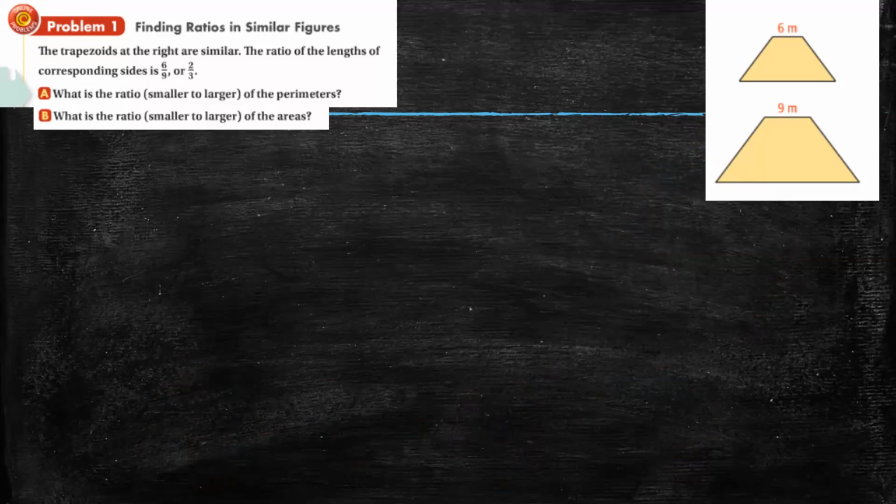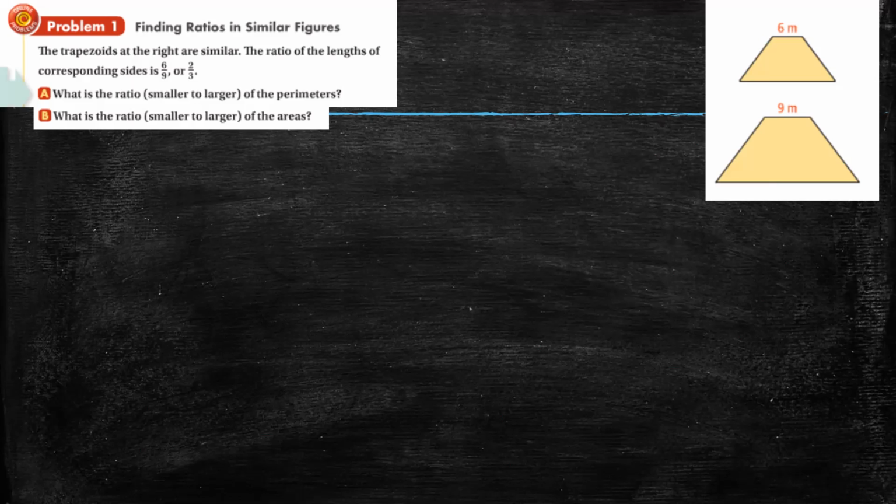The length of this base here is 6, and the other one is 9. And it asks me now to find the perimeter or the area of the second one. How? I didn't have the height, and I didn't have the second base to find the area of the trapezoid. What do I have to do? I have to compare them using the ratio.